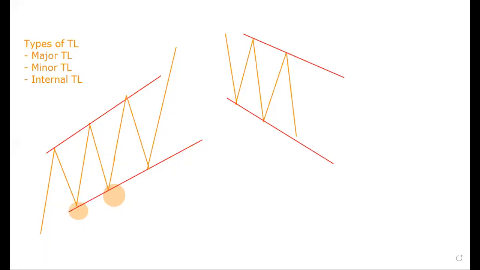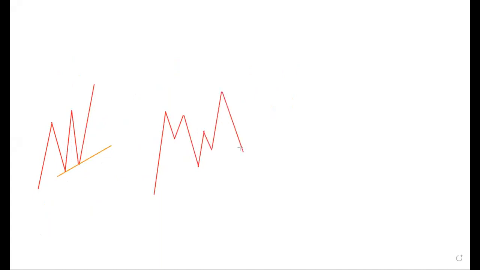Let me quickly clear this. So if you were to compare between this trend line and say this trend line, in my opinion and according to what I have found out in the market, this trend line is going to be much stronger than this.